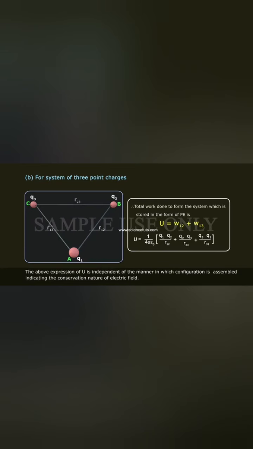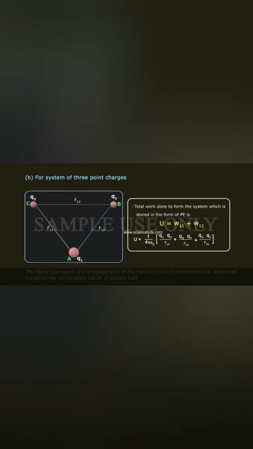The above expression of U is independent of the manner in which the configuration is assembled, indicating the conservative nature of the electric field. Thus, U is state dependent and path independent.